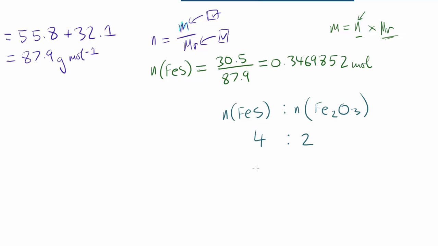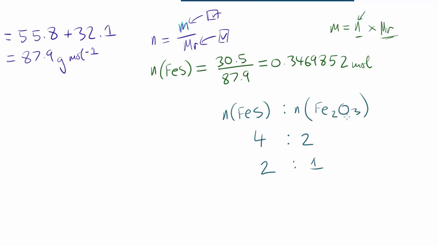And if we take out the factor of 2, just to simplify things, that then becomes for every 2 moles of FeS, we're going to have 1 mole of Fe₂O₃.